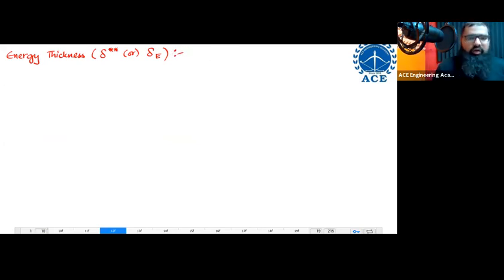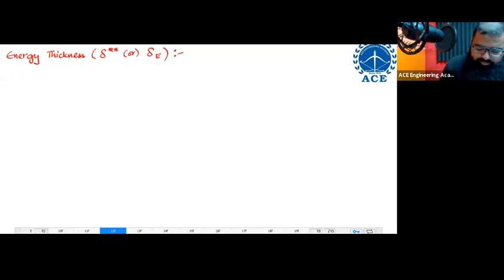Now, how do we define energy thickness? Same concept. Whatever we have discussed previously for momentum thickness, same thing. Look, mass flux is getting reduced, momentum flux is getting reduced, even energy flux will get reduced. To compensate, we are pushing down the plate. The corresponding distances are known as displacement thickness, momentum thickness, and energy thickness.